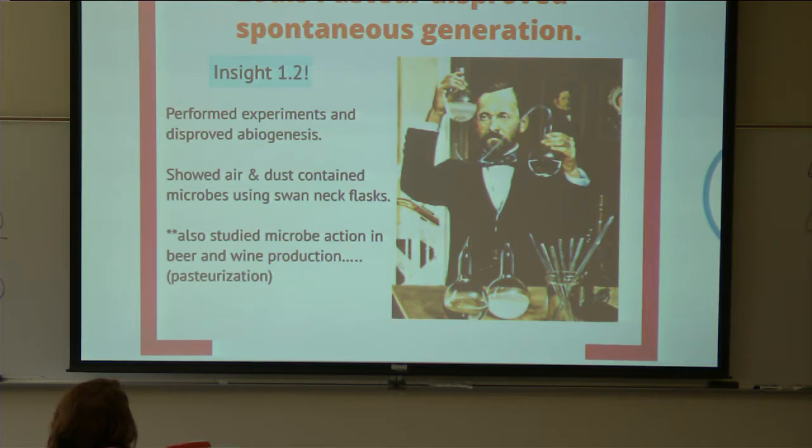So there's a flask with a crazy swan neck on it. I'm just kind of drawing a question mark with a flask on the bottom. Okay, so there's two swan neck flasks. In them he had some broth. He heated up the broth inside.